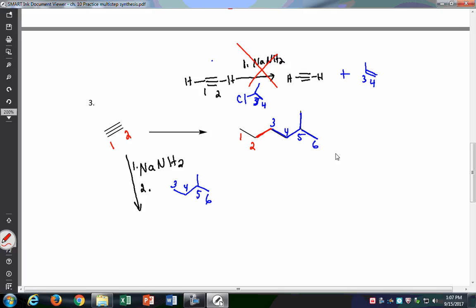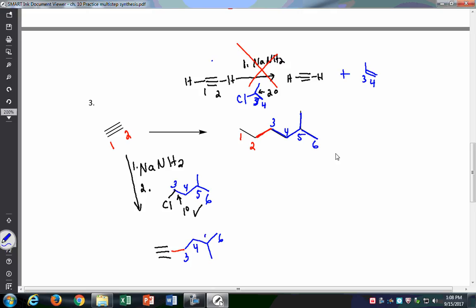And where is our leaving group going to be? Carbon 3. And is this primary? It's primary, so we can continue. So remember, we're going to retain our triple bond when we do this reaction. But we're going to get our new bond and the rest of the carbons, 3, 4, 5, 6. So this isn't our final product, but it's pretty close.